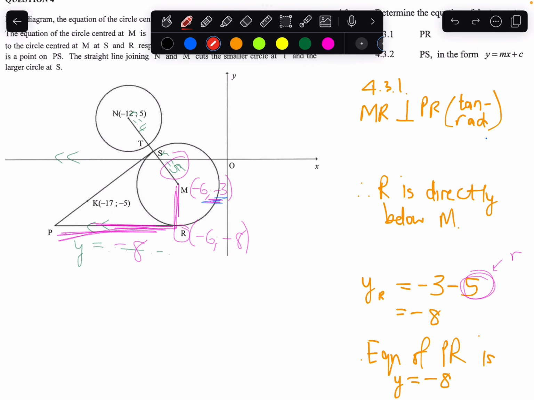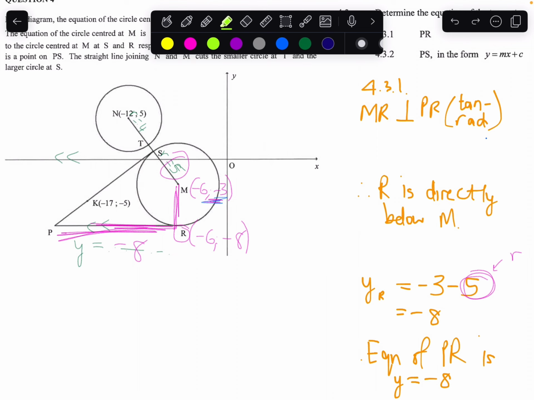Because pretty much what I said was, well, MR and PR are perpendicular, and so therefore R is directly below M, which is really false because I could pick a point over there, draw a radius, draw a tangent at that point, and the two lines are perpendicular because of tan rad, but does that mean that this point over here is directly below M? Not necessarily. So there's a bit of logic that I just glossed over because it is fairly intuitive, right?